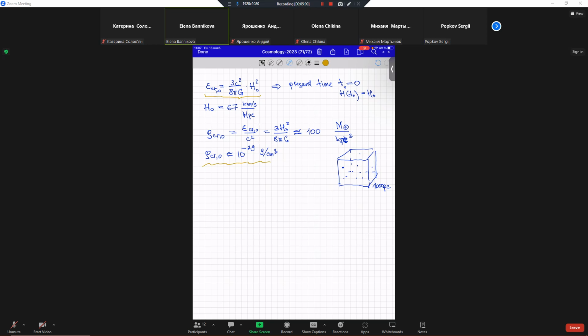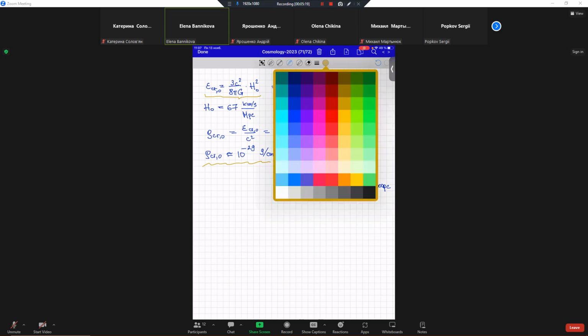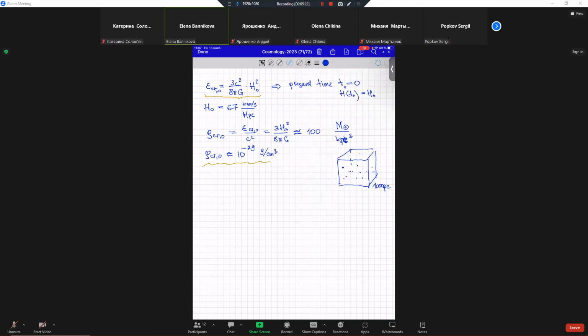Today, our next step is what we would like to obtain: the evolution of the universe. The crucial value which can tell us about the evolution of the universe is the scale factor.